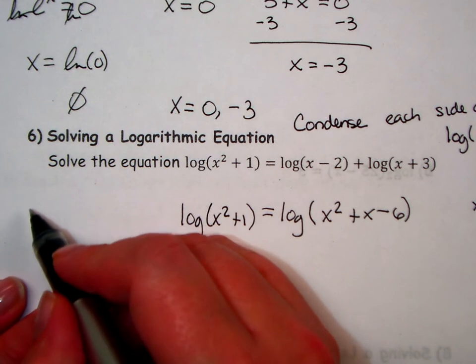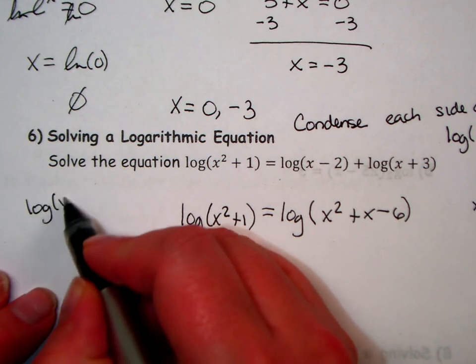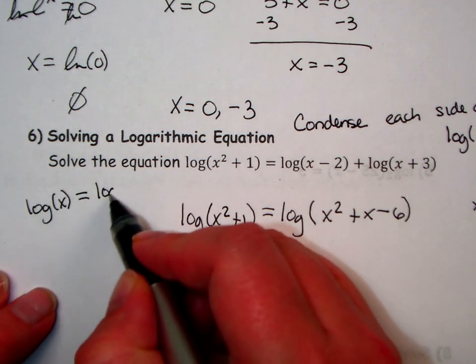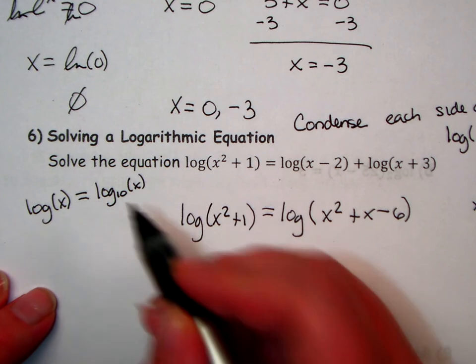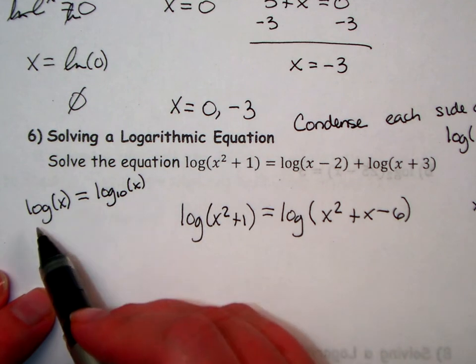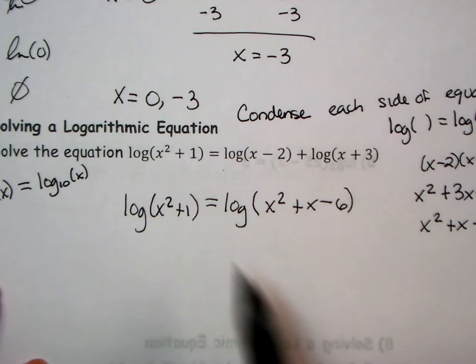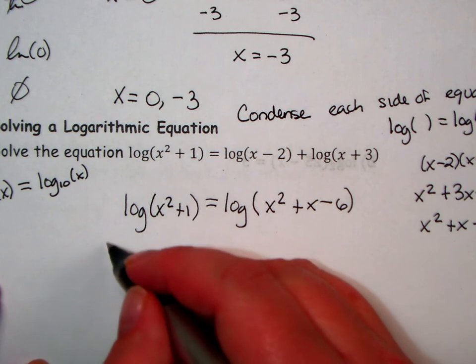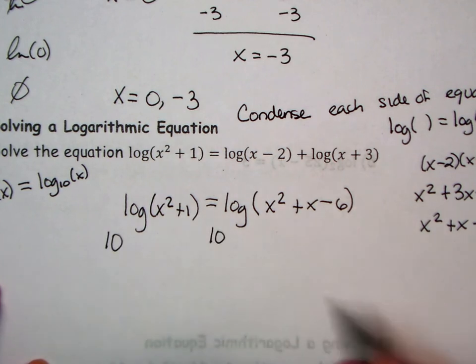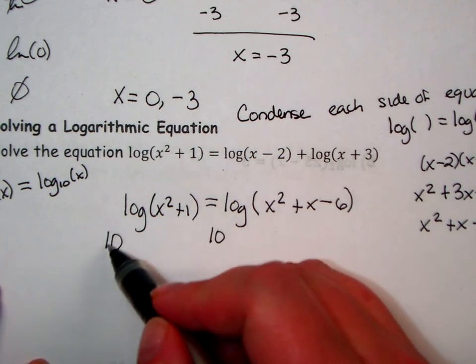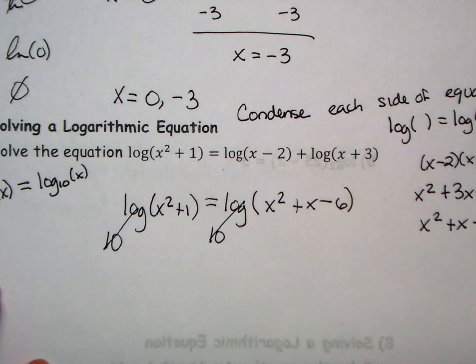Log x is the same thing as log base 10 of x, but they're never going to write log base 10, they're just going to write log. So you have to remember that this is base 10. I'm going to raise 10 to both sides, and that's going to cancel the logarithms on both sides.